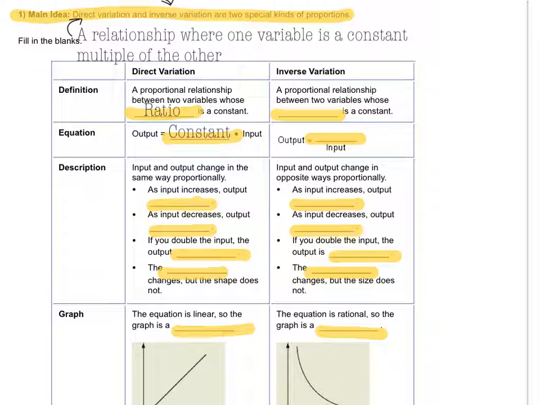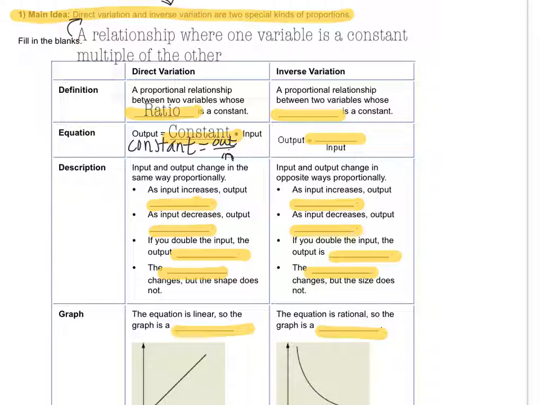When I hear the word ratio, I think of a fraction, so I wrote it as a fraction. I wrote the constant as equal to the output divided by the input, so that's the output over the input.